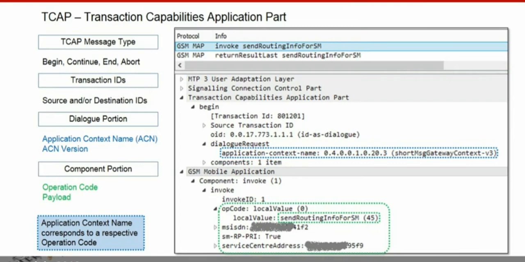The application context name identifies the following operation. The operation itself is coded in the fourth block, the component portion, and it has its own code. The application context name and the operation code should correspond to each other one to one. But these are two different values.